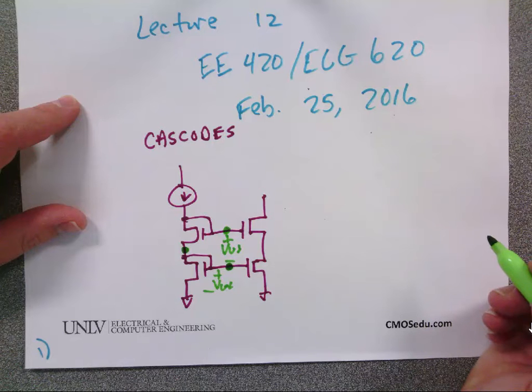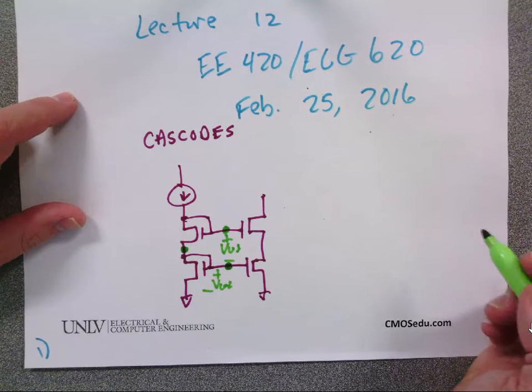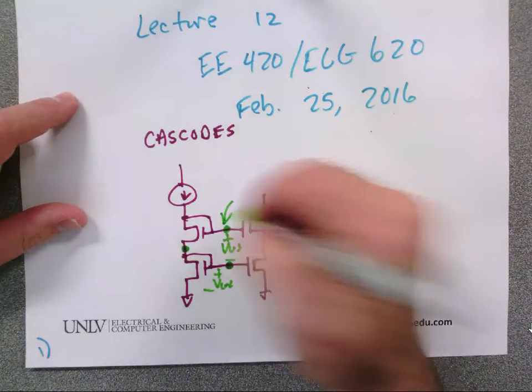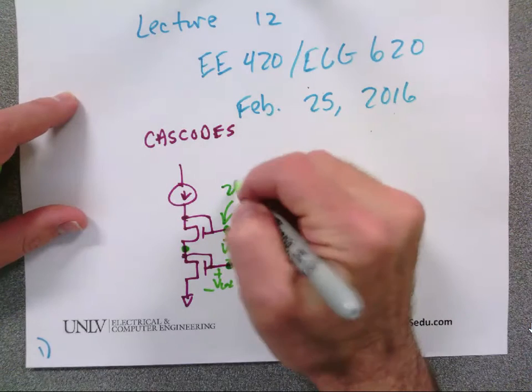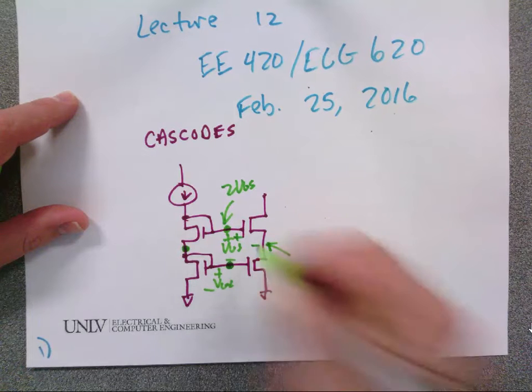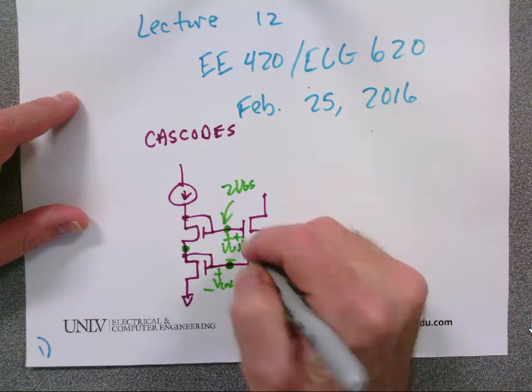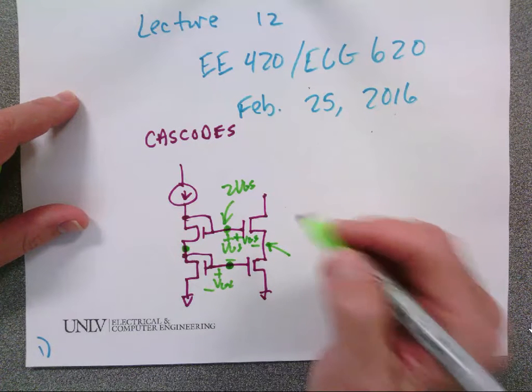There's a wire connecting them. They're the same potential. Everybody see that? Okay, so what is the potential here relative to ground? 2 VGS. And then what's this potential then, assuming everything's in saturation? And then what's this potential?